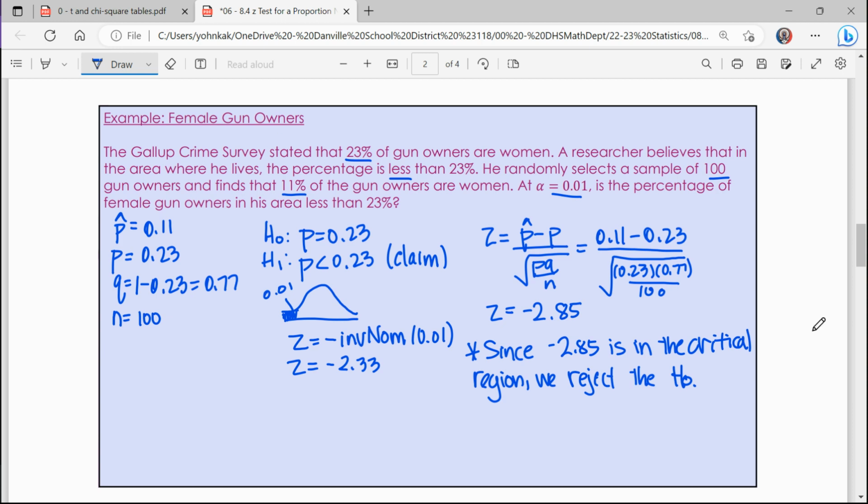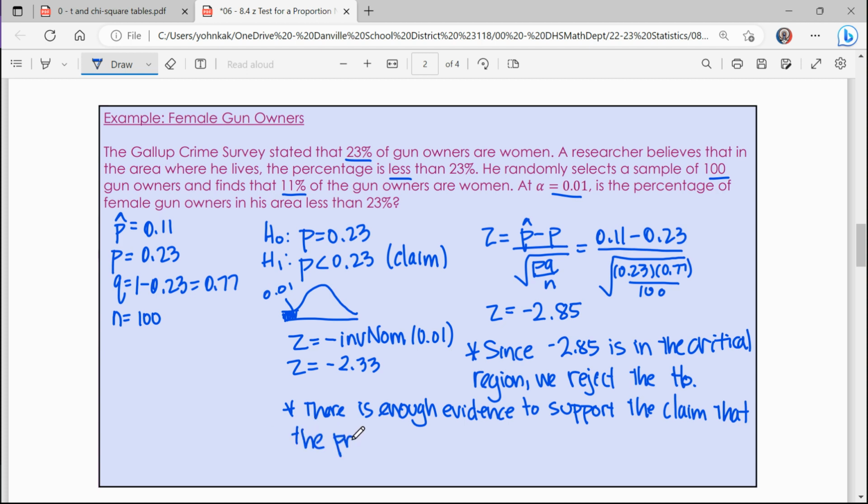Okay, so our claim was the alternative. We are rejecting the null, so there is enough evidence to support the claim that the proportion is less than 23%.